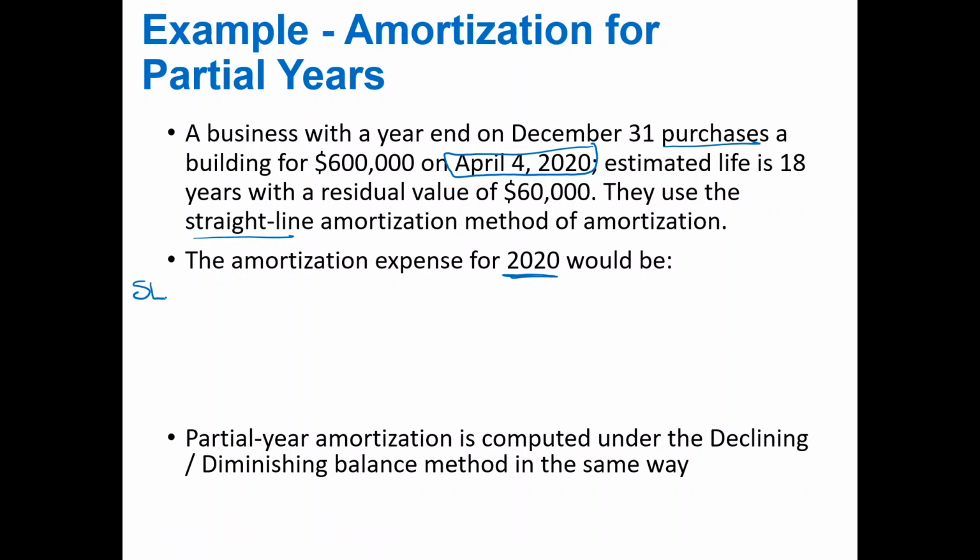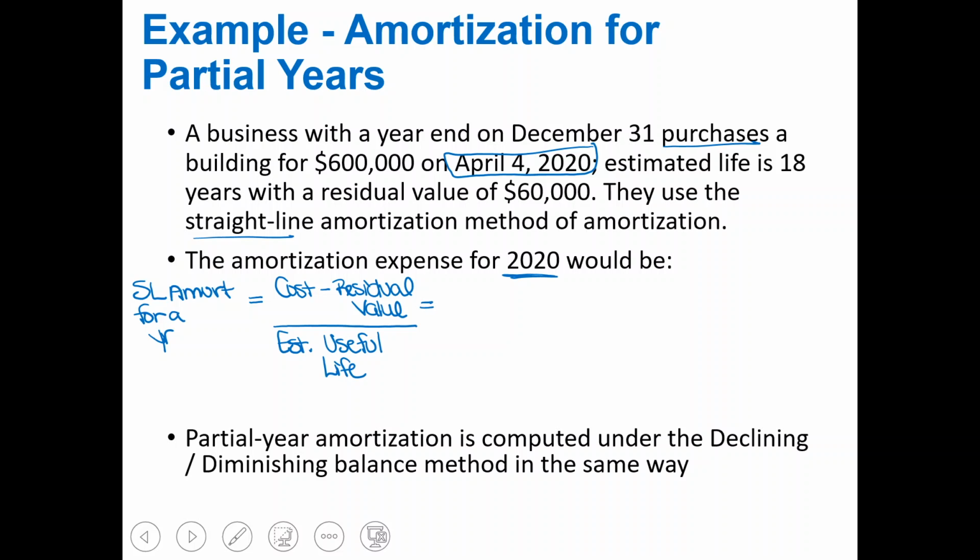So straight line amortization for a year, what's the formula to calculate this? Well, we take the cost minus that estimated residual value, and we divide this by the estimated useful life. So for our example, the cost is $600,000 minus the residual value of $60,000, as we see there.